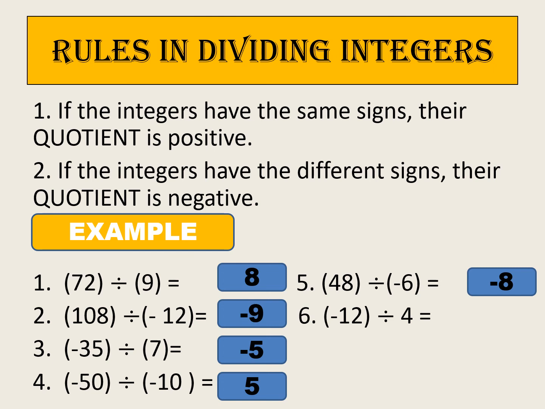They have different signs, so the quotient is negative. Number 6, negative 12 divided by 4. The answer is negative 3. They have different signs, so the result is negative 3.